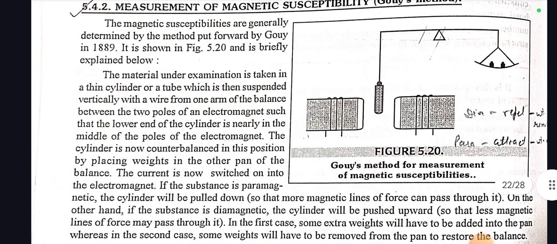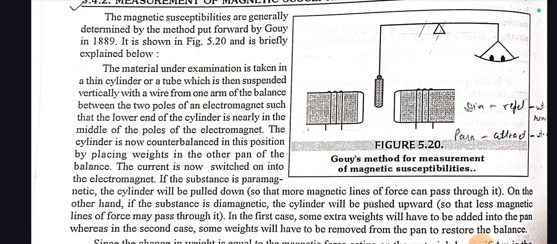The material under examination is taken in a thin cylinder or a tube which is then suspended vertically with a wire from one arm of a balance between two poles of an electromagnet such that the lower end of the cylinder is nearly in the middle of the poles of the electromagnet. The cylinder is now counterbalanced in this position by placing weight in the other pan of the balance.